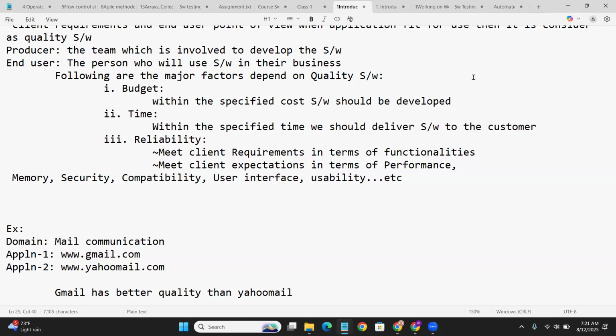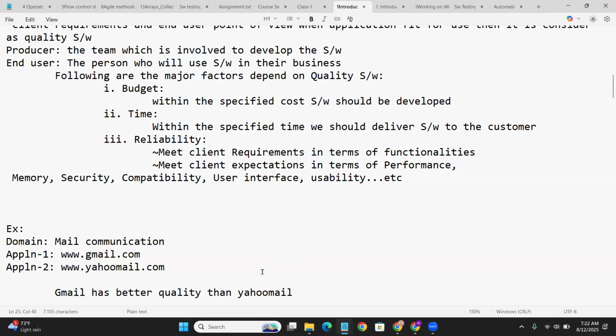What is the difference between requirements and expectations? Requirements are in terms of functionalities, whereas expectations mean non-functionality, like performance, how much time it takes to complete a particular transaction, memory, security, compatibility, user interface, usability, etc.